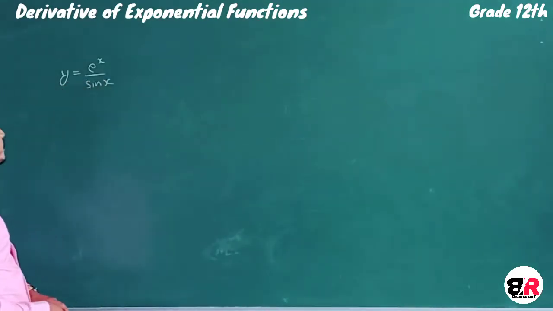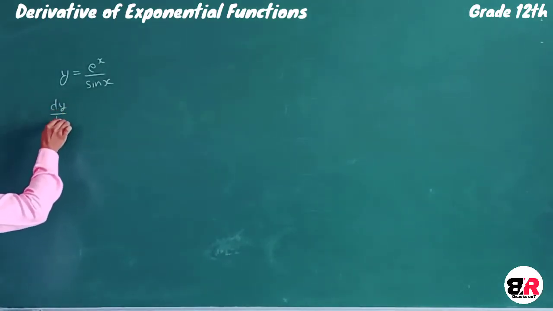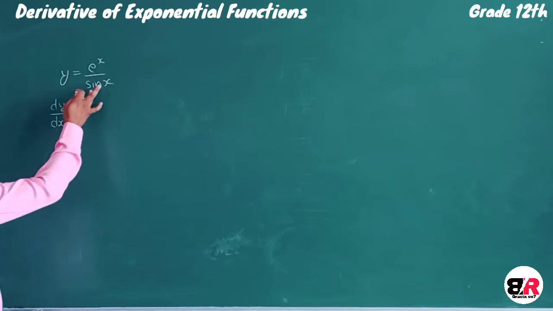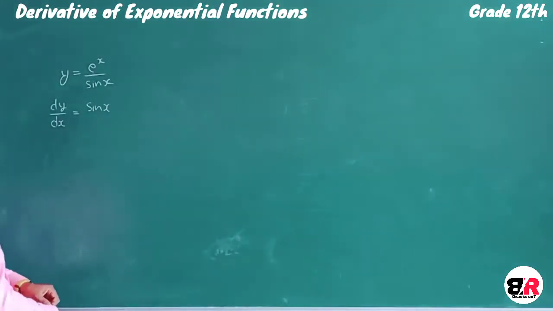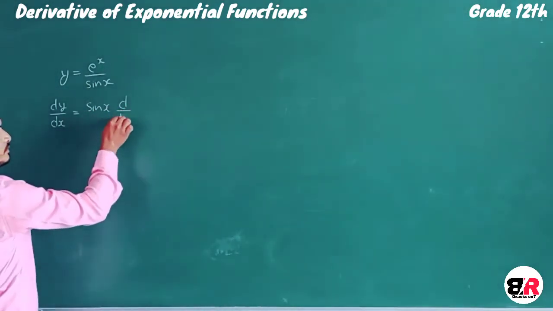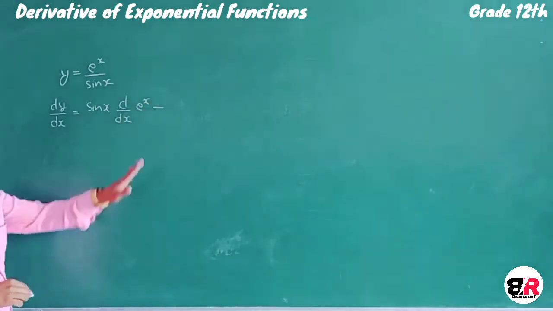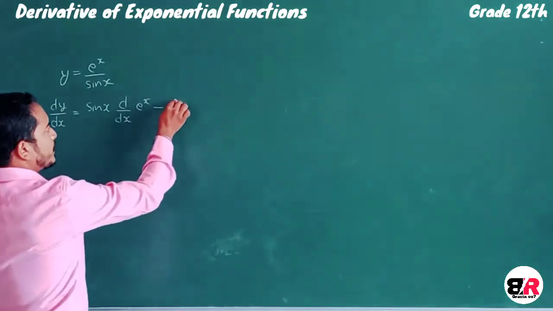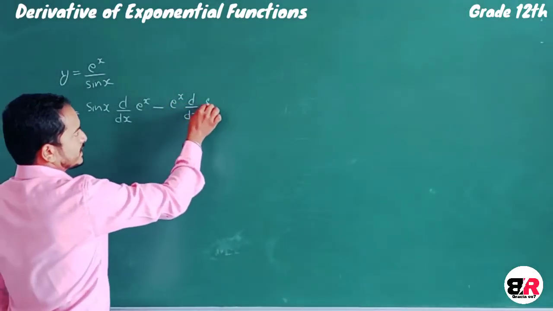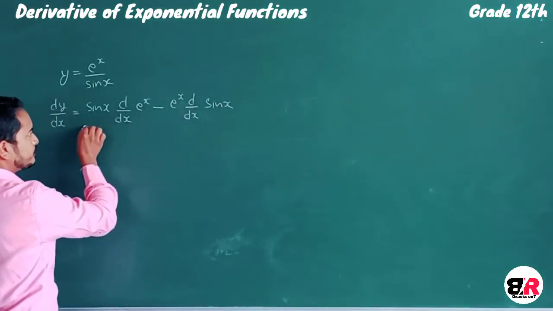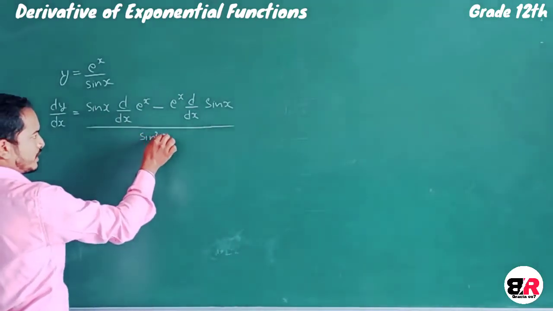So we will go with the formula. Then the required derivative will be dy by dx is equal to denominator, what is the denominator? That is sin x, into the derivative of numerator, that is e to the power x. Now minus, according to the formula, numerator e to the power x into derivative of denominator, that is sin x, upon square of denominator, it means sin square x.